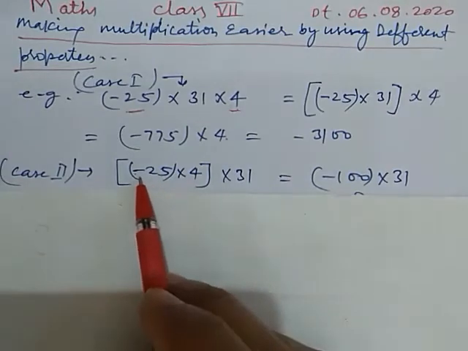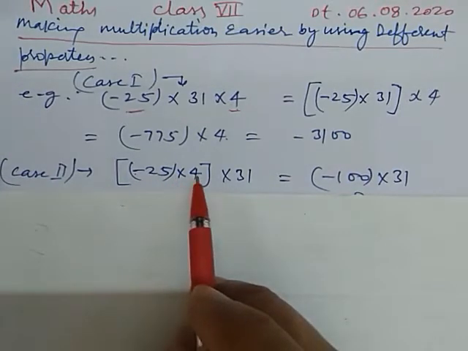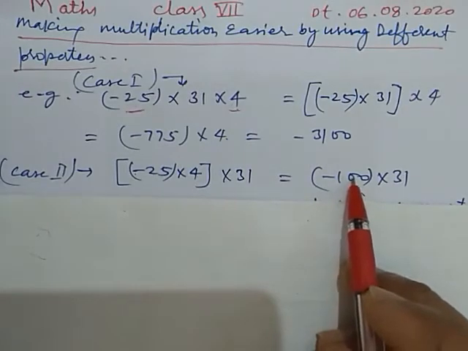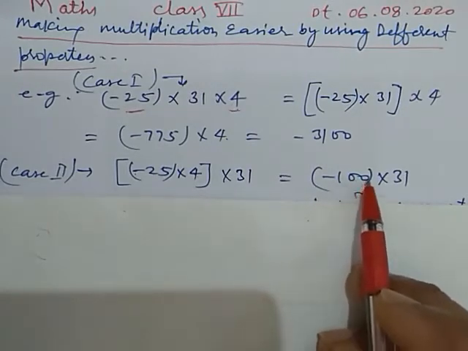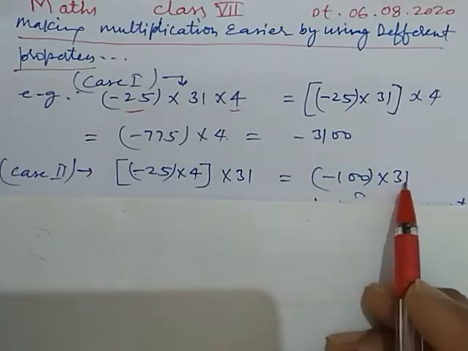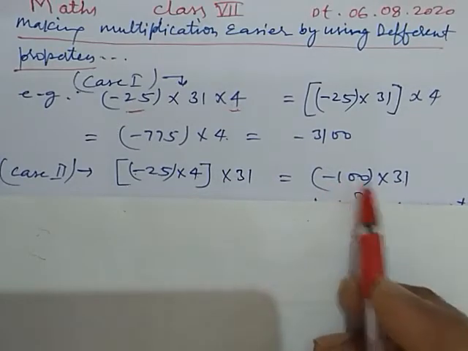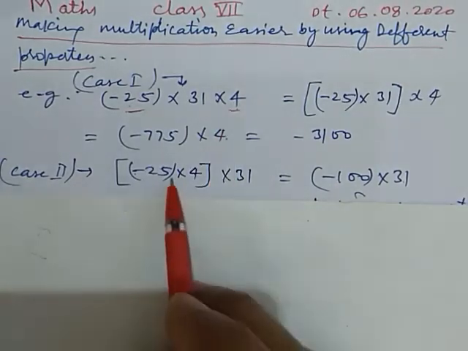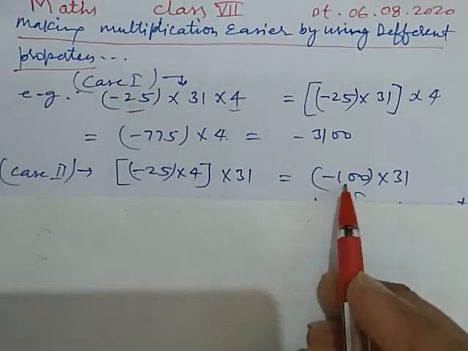Now minus 25 into 4 becomes minus 100. Any number which contains 1 and 0 is very easy to multiply. How? First we multiply the number by 1 and then put 0. So when we take these two numbers first, it becomes very easy.